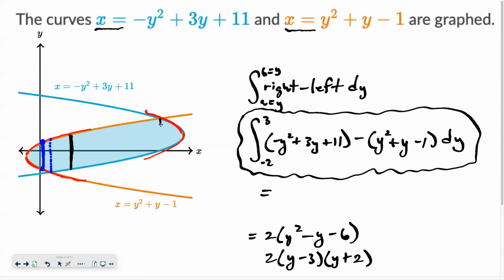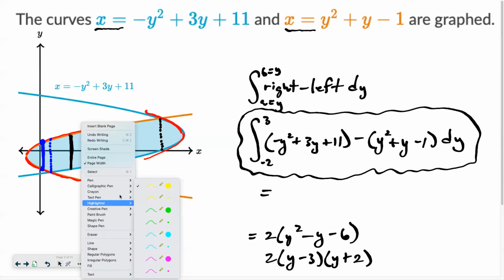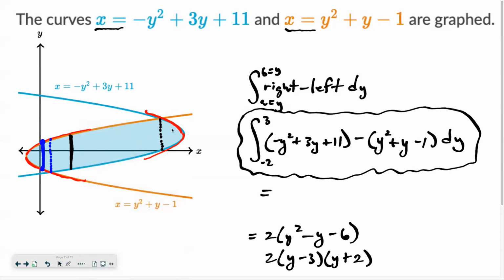That would stay the same until right there, and then we would have to have a third integral right here because then our top and bottom equations change. So you'd have to have three separate integrals, and you would also have to calculate what this x value is. You would have to do that by hand most likely because on the calculator, it's very difficult to type these in. So there would be an awful lot of work involved just to do it vertically with x's.